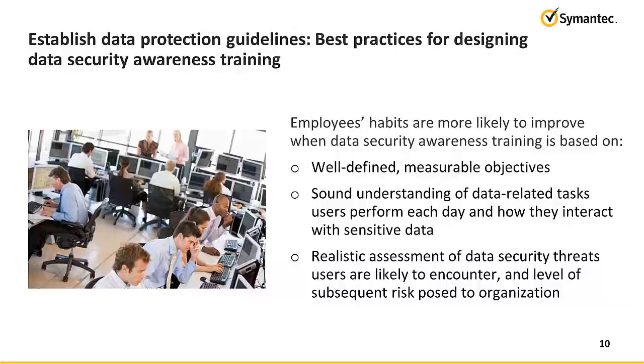In a Security Week article published in 2015 entitled Getting Employee Security Awareness Training Right, Gartner security education analyst Andrew Walls states, quote, the number one problem in the typical security awareness program is a lack of well-defined, measurable objectives for the program. Well-defined objectives enable the design, development, acquisition of effective security education and training that produces measurable improvements in security.